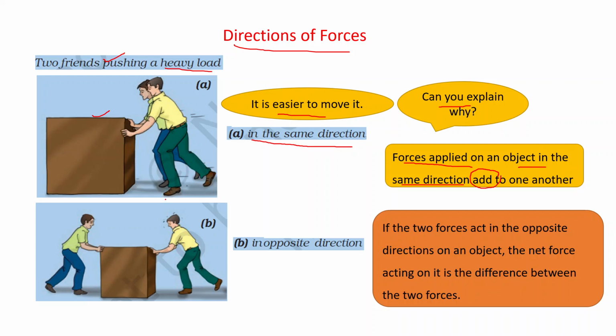And in this diagram, again two friends are pushing a heavy load in opposite directions. If the two forces act in opposite directions on an object, the net force acting on it is the difference between the two forces.